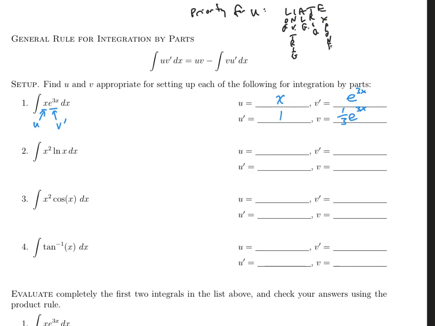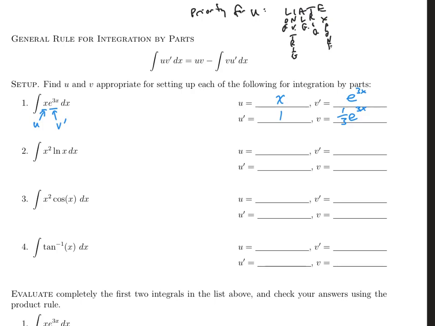That's actually another place in this process where it can fall apart: not only do I want u times v prime to be simpler, but it's possible that v is actually impossible for me to find, right? I can give myself an antiderivative problem that I can't actually do. So there's another caveat to this whole process that we have to be ready for. But applying it, this all worked out.